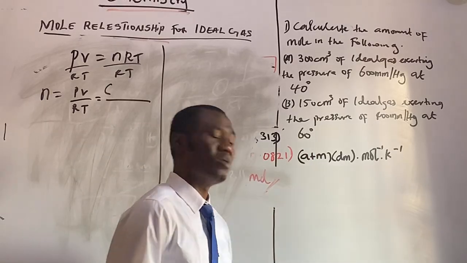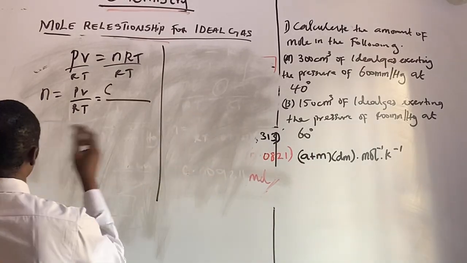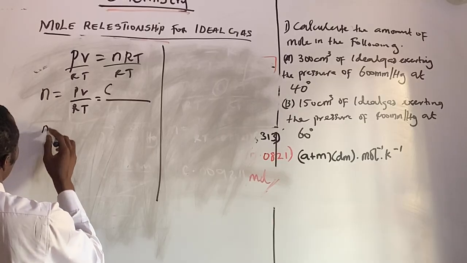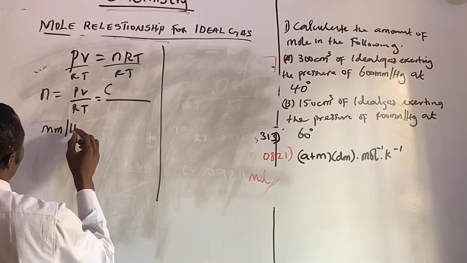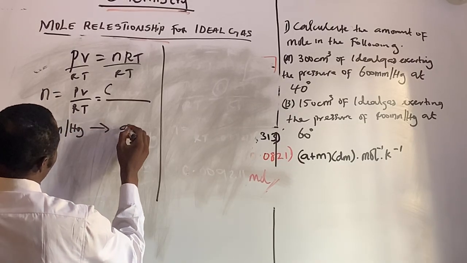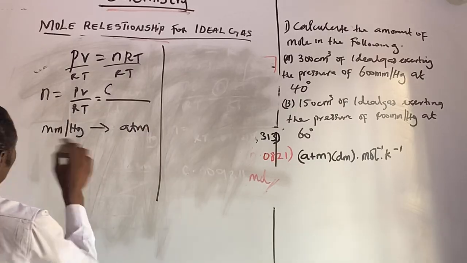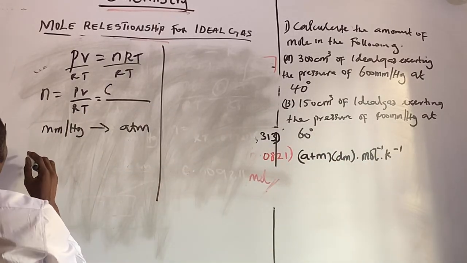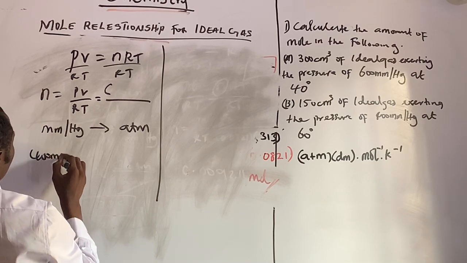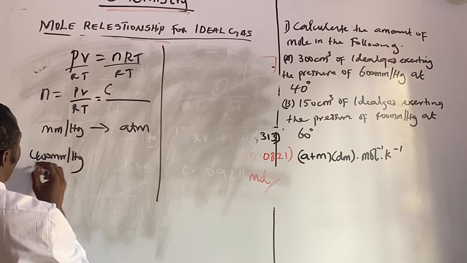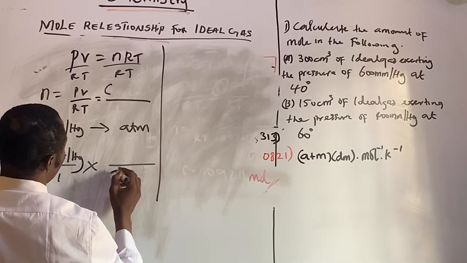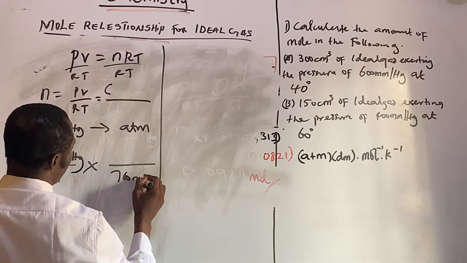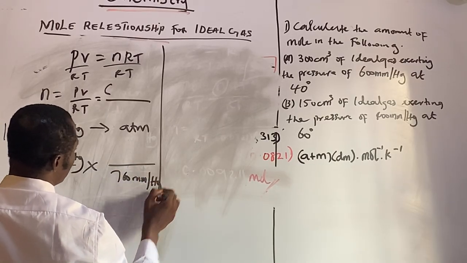Well, let me help you anyway. So we're converting from millimeter mercury to ATM. Now, what is given to me there? 400 millimeter mercury over 1 times 1 ATM over 760 millimeter mercury.